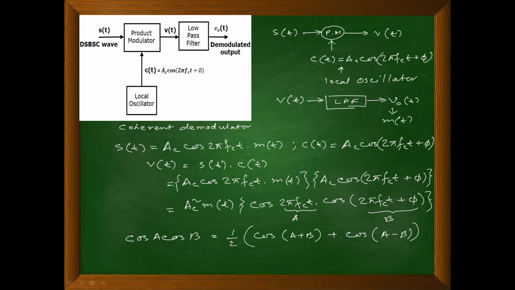After putting this in, we get v(t) = (Ac²/2) m(t) cos φ + (Ac²/2) m(t) cos(4πfct + φ).